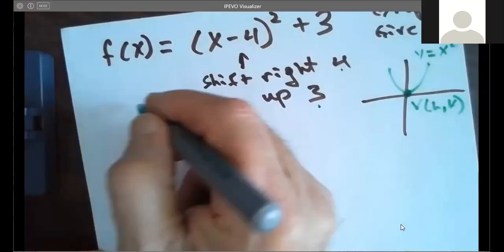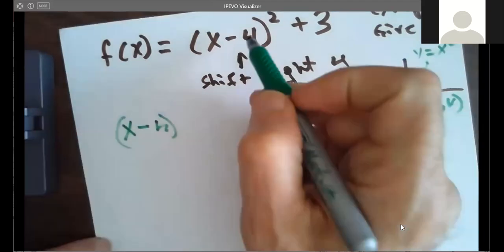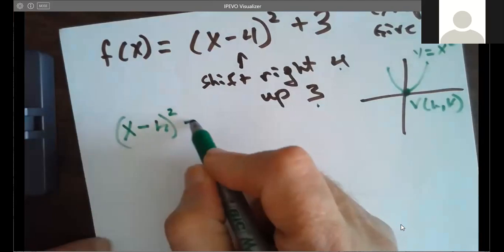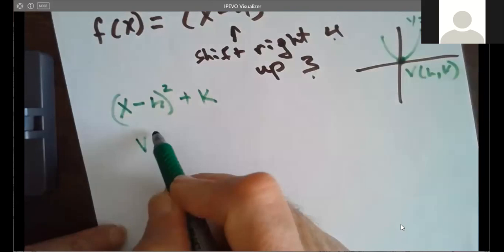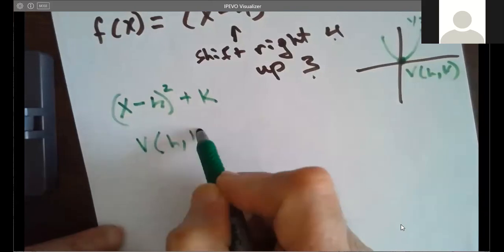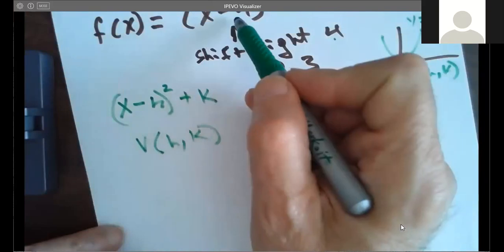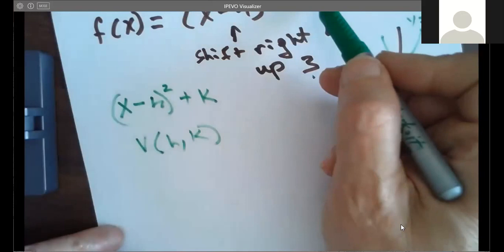So the number inside the parentheses, that's our h. The number outside, that's our k component of the vertex (h, k). H is always going to be with x. The k component of the vertex is always going to be outside.